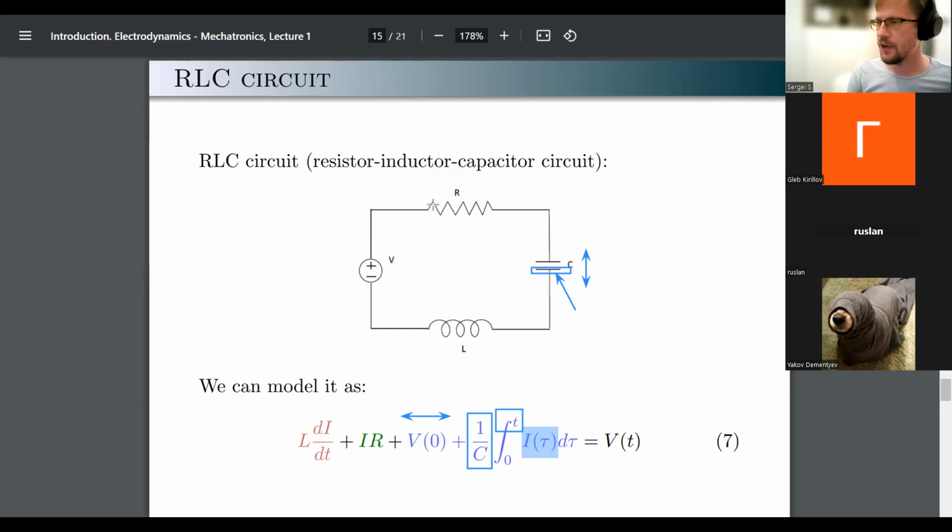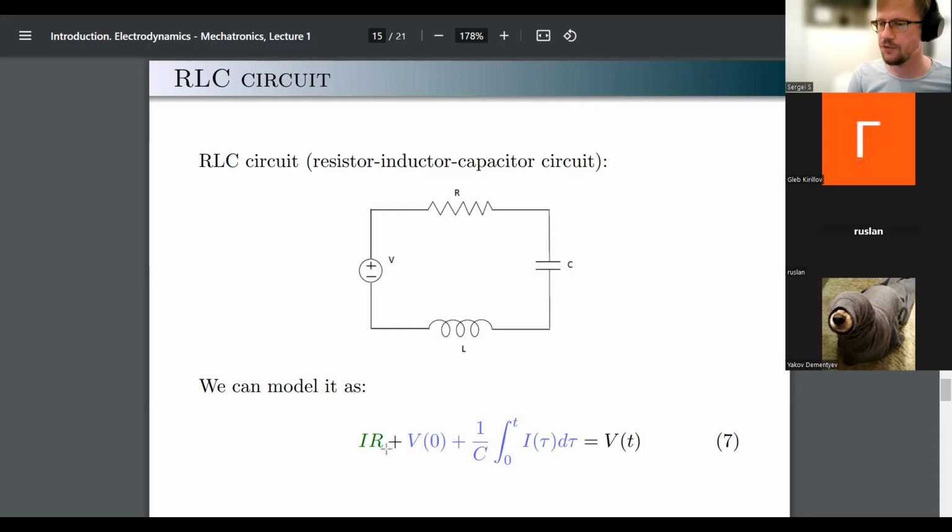All right, so I think this is quite clear. Now with this expression, you could see how the RC circuit would have looked. If we get rid of this inductor term, we would have had the RC circuit.